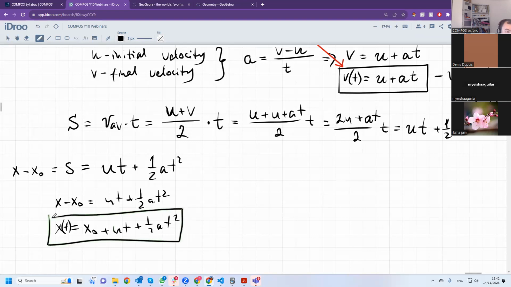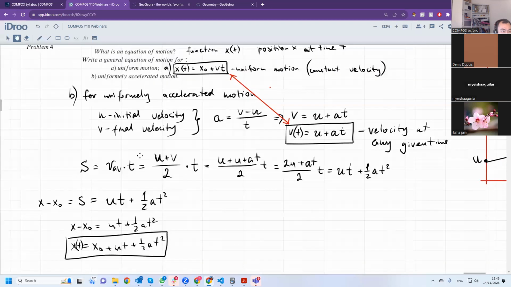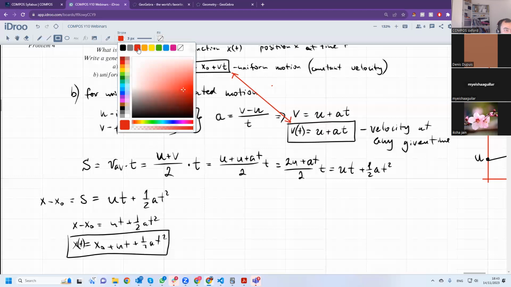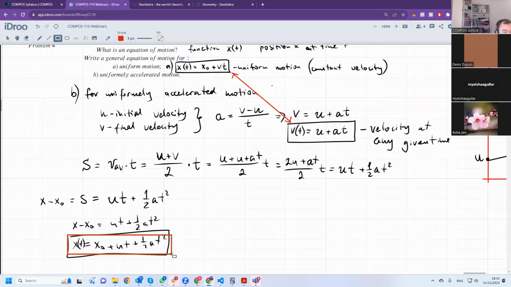So this is the uniformly accelerated motion, and this is the uniform motion. Okay. So this is the position at any given time.